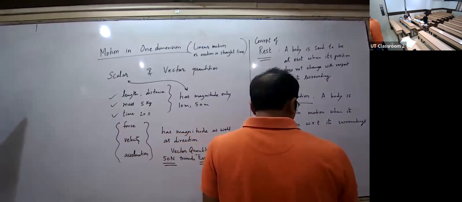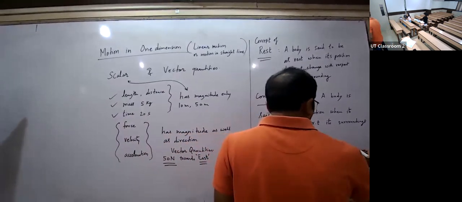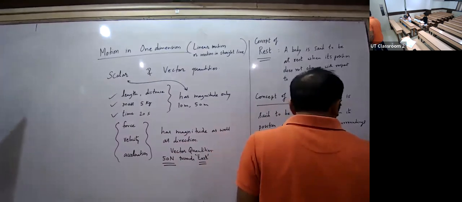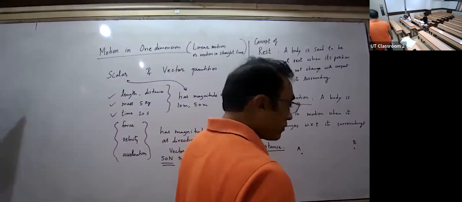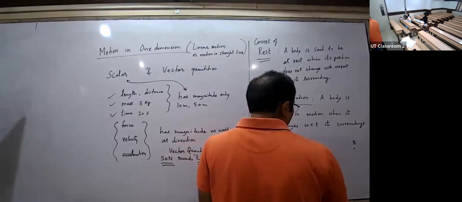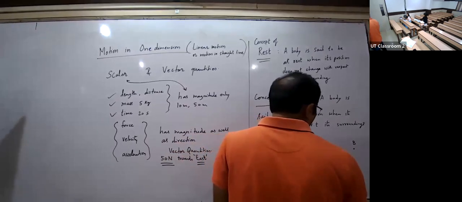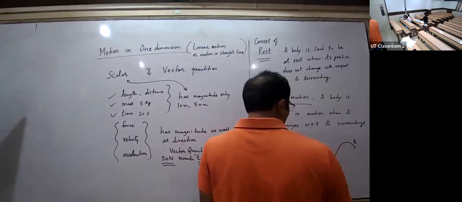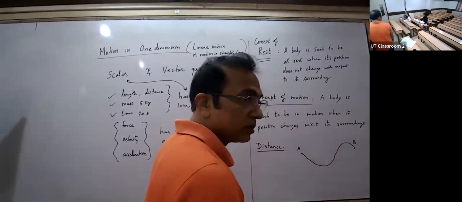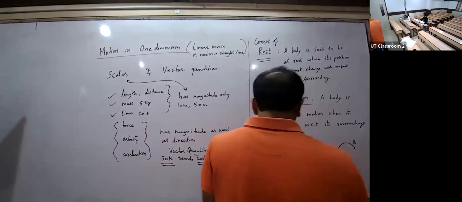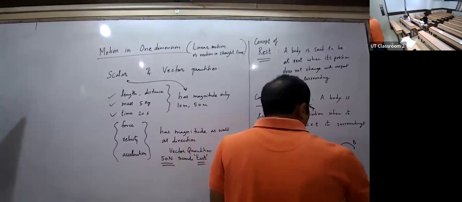Let's say a motion takes place between two positions. Let's say this position is A, this position B. Then let us say a body travels like this. This is the actual path. So distance is the length of this path.